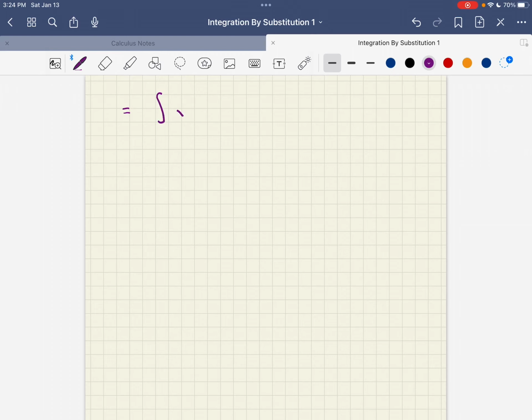Integral of the square root of x squared plus 1 times 1/2 differential of x squared plus 1. And what we see now is that everything here is expressed in terms of x squared plus 1. We have the square root of x squared plus 1, and also the differential is taken of the same expression, x squared plus 1.